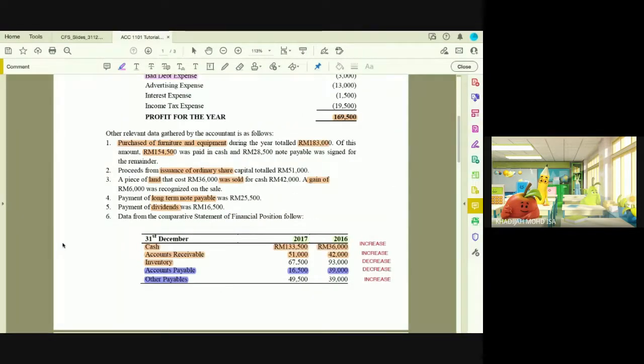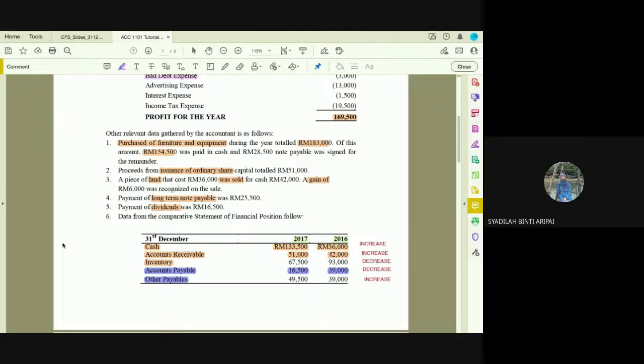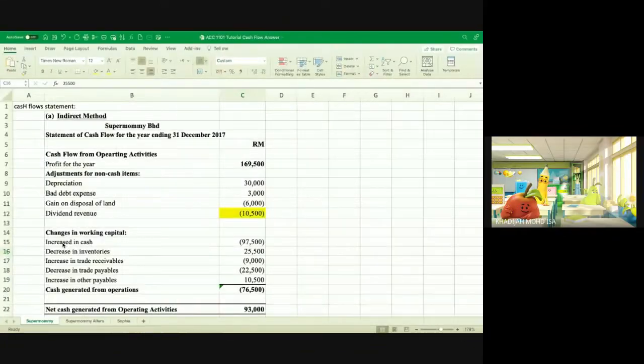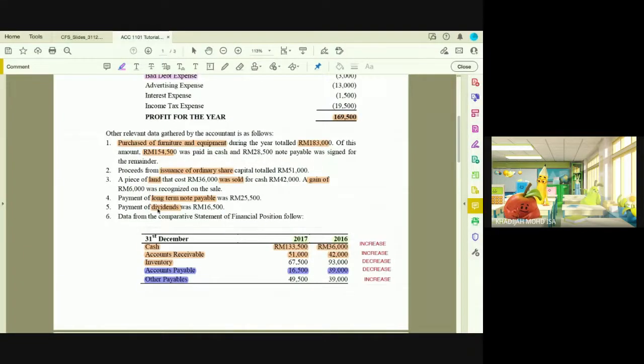Accounts receivable, there's an increase. How much? The difference, 51 minus 42. The difference is 9,000. There's an increase of 9,000, plus or minus? Minus. Minus accounts receivable, 9,000. What else? Inventory, there's a decrease.